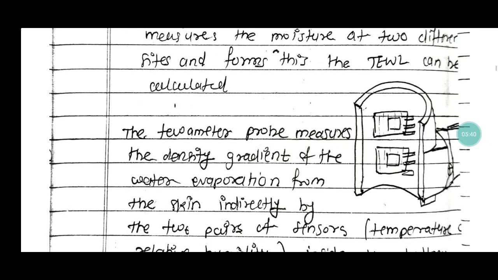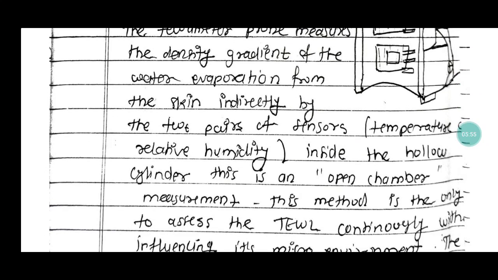This is the diagram for the Tewameter. The probe measures the density gradient of the water evaporation from the skin, indirectly via the two pairs of sensors for temperature and relative humidity.